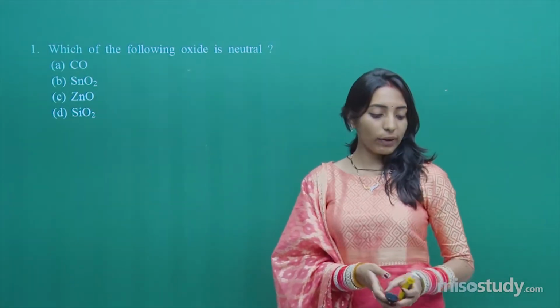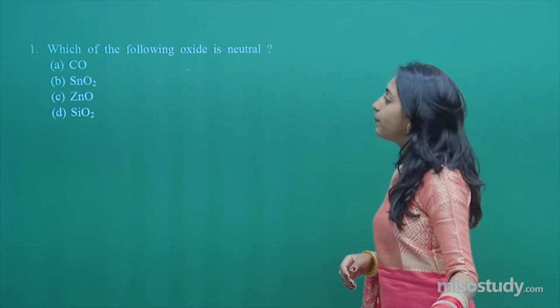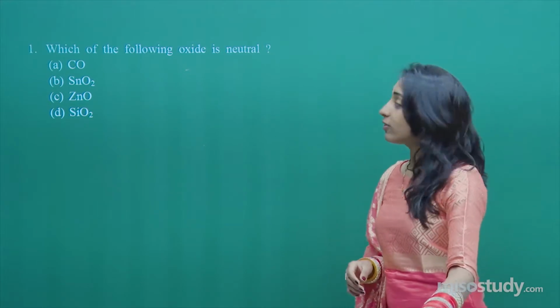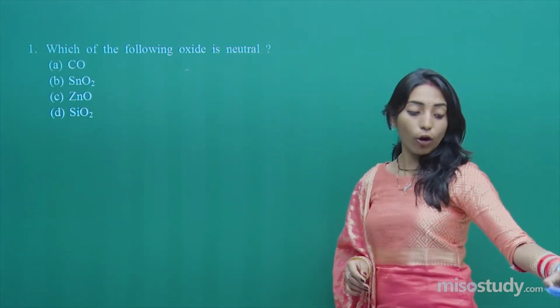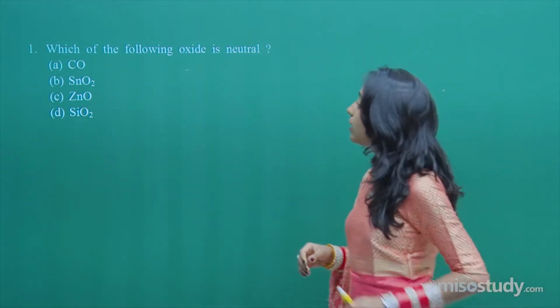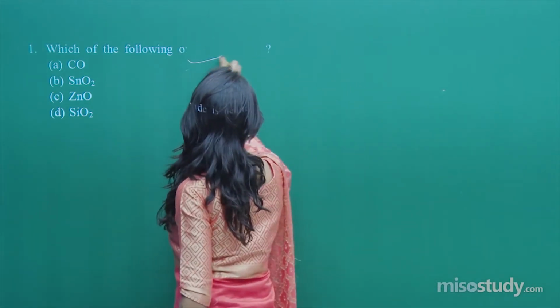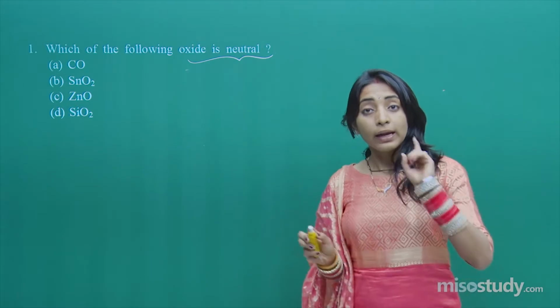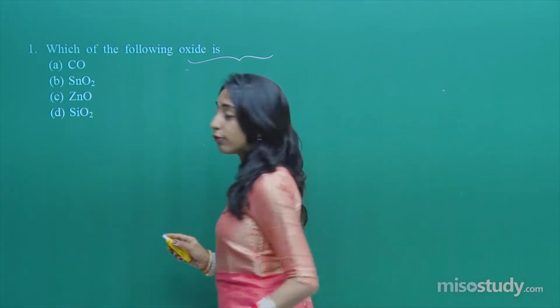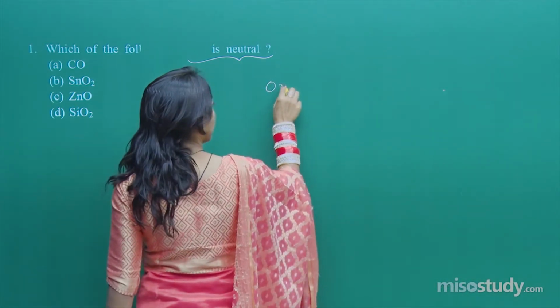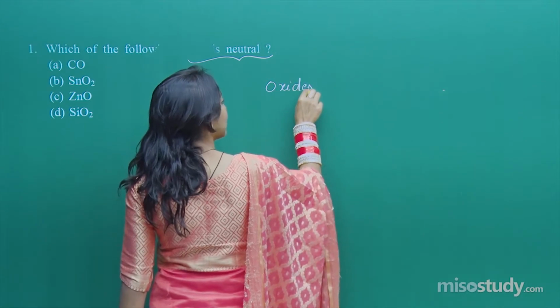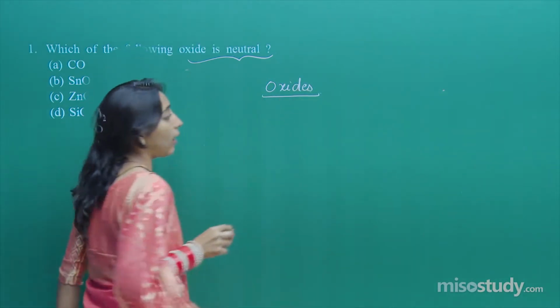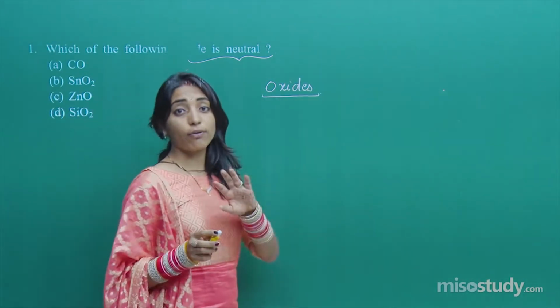This is question number 1 on screen, and the question asks which of the following oxides is a neutral oxide. That means you have to talk about neutral oxides. Listen to me very carefully. When I was talking about oxides in my session, I told you that oxides are of 4 different types.